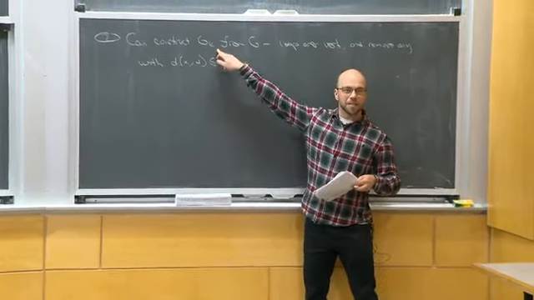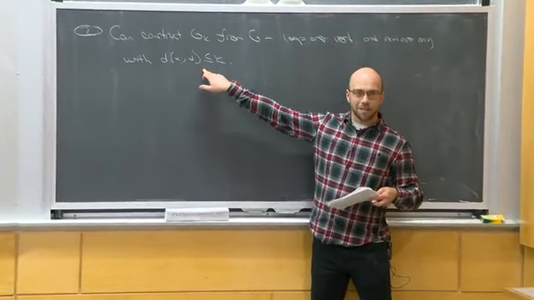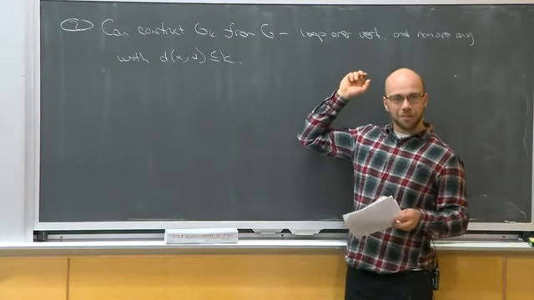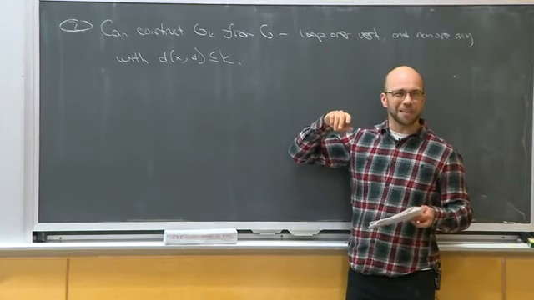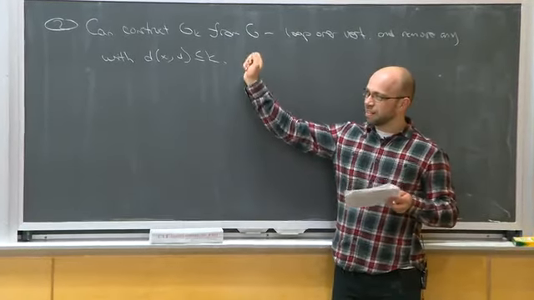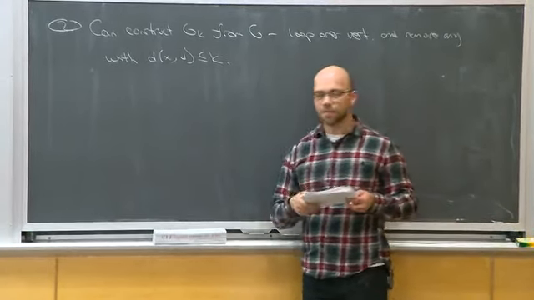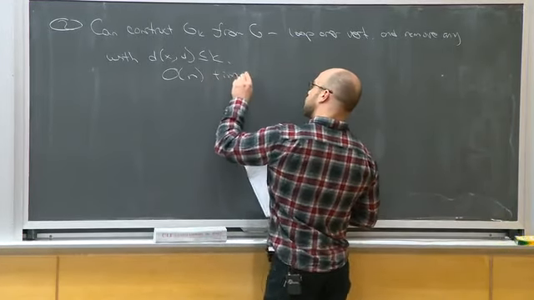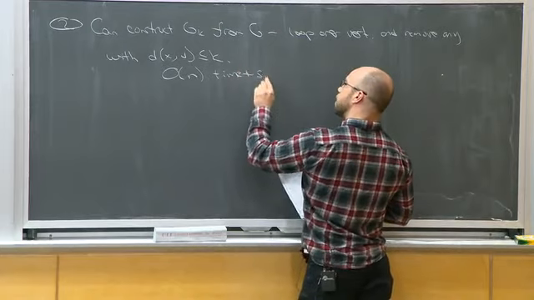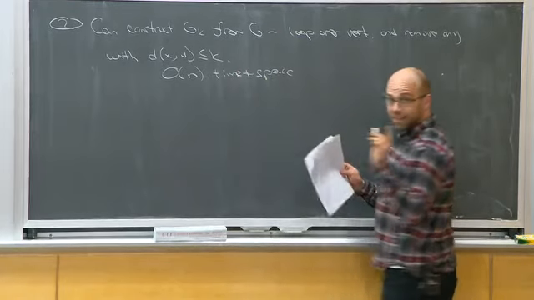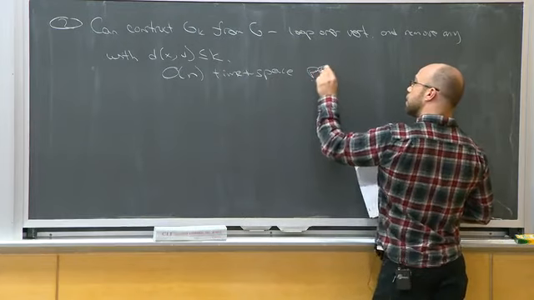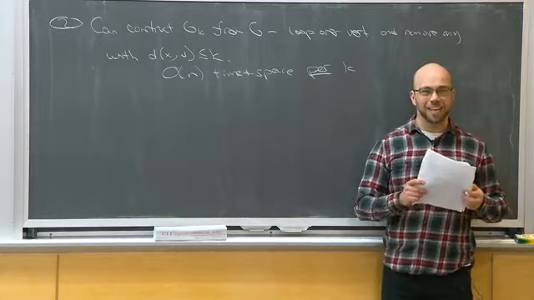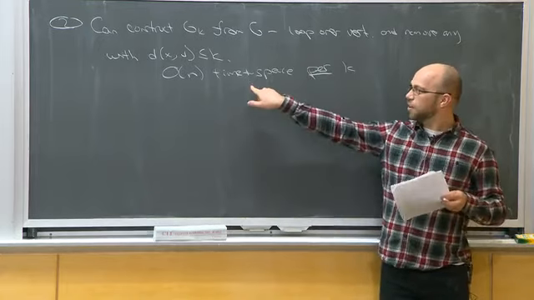If the radius of my sensor is K, any vertex with distance less than or equal to K I want to throw away. And how much time does this take? Well, there's just a loop over the vertices. I guess I need to account for the storage of my graph also, but of course, this graph takes less space than G. And so overall, this takes order n time and space. But there's a catch, which is this is per K. Okay? So every time I want to make a new GK, I incur an expensive order n.